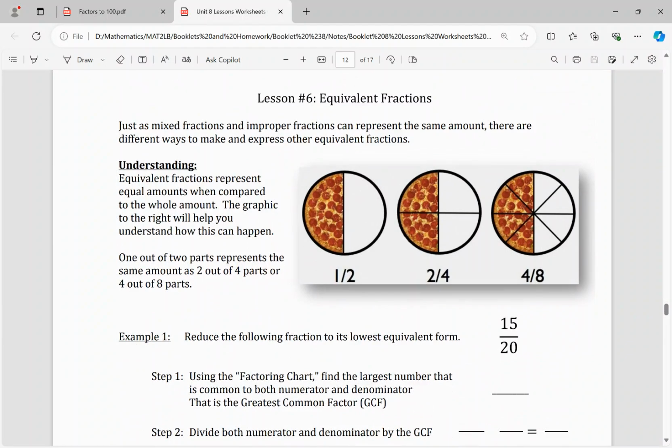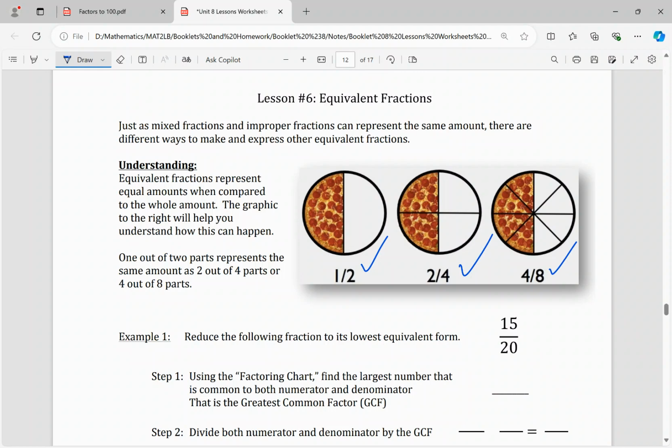Now, we could call that 1/2, or we could call that 2/4, or 4/8. All three of these fractions can be used to describe half a pizza, and they all mean the exact same thing.